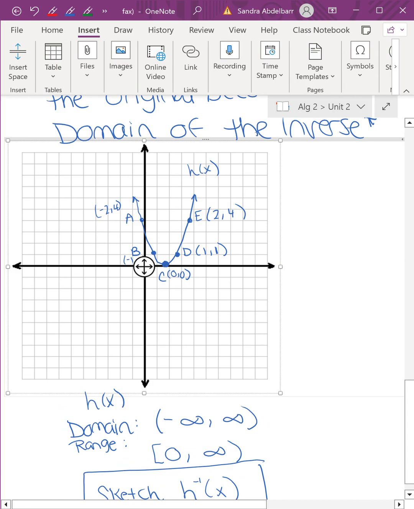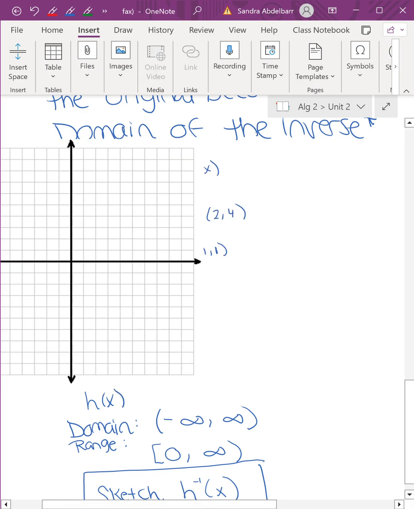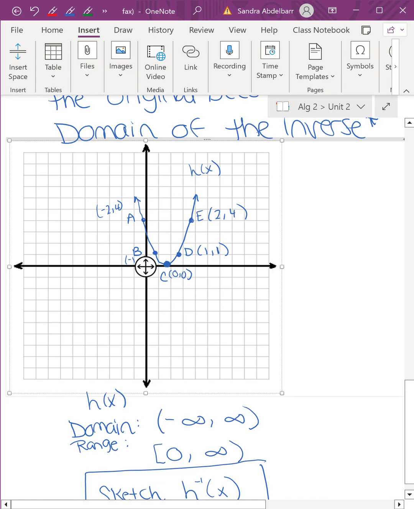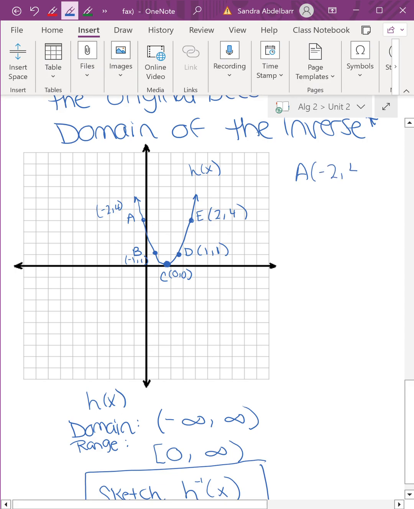We take our coordinates and then flip the x and y. There's going to be a more productive way to do this, but let's just do it now. The coordinate for A was (-2, 4), so the inverse of A will be (4, -2).